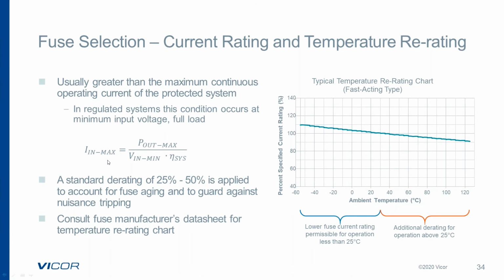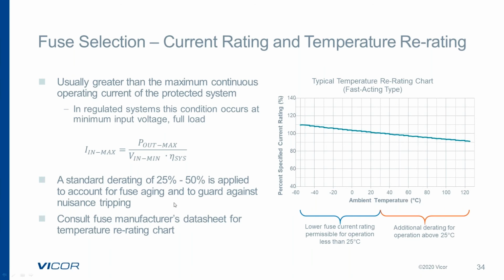So we take a look at the input line and then the maximum power, and we can select the maximum current of our fuse. We look at the maximum power and the minimum line, since this is a negative impedance device; we look at the minimum DC line to select our maximum current rating.